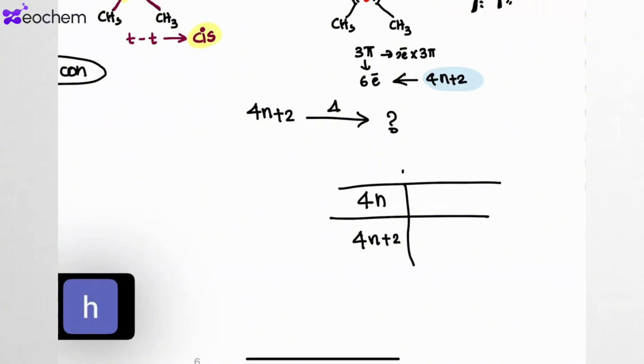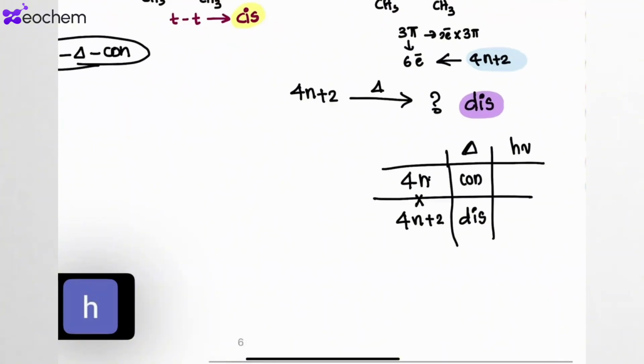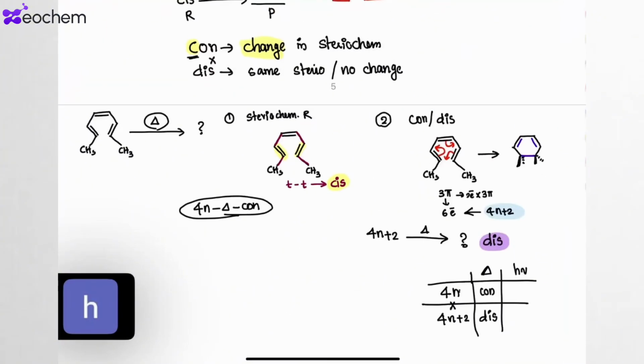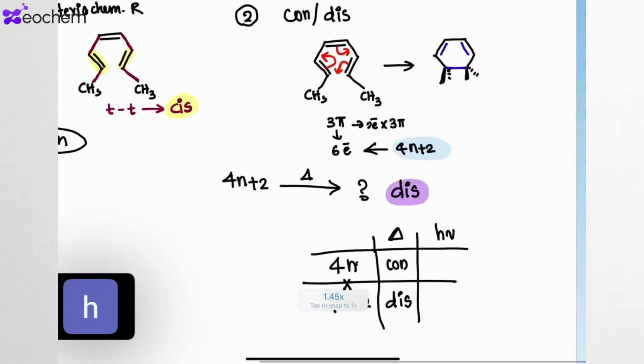And there are two conditions, either thermal condition or h nu condition. The thing that we already know is 4n delta con. So 4n delta con means in 4n plus 2, the opposite will happen. In thermal condition, it will be dis. So here, what rotation will happen? This will happen. This also we got. And what is the meaning of this? I told you here, con means what? Change in stereochemistry. So this means what? Same stereochemistry or no change in stereochemistry.